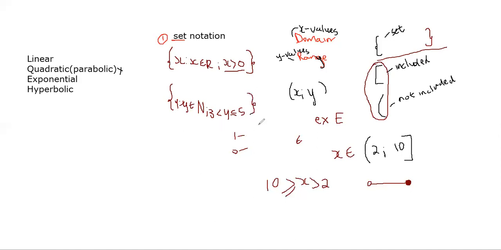So how do you read this? They tell you that y is an element of natural numbers. Yes, we know what natural numbers are, but they are specific that within those natural numbers, we only want 3 to 5, but that 3 is not included.